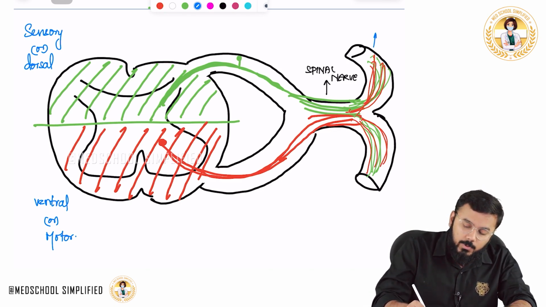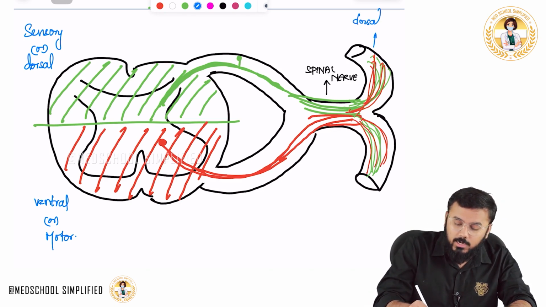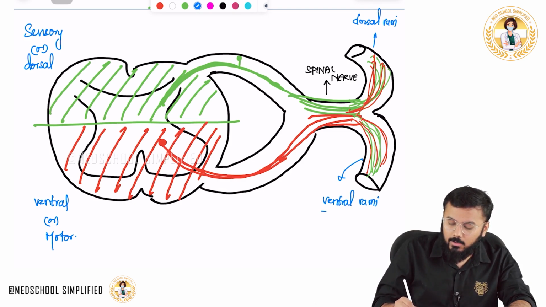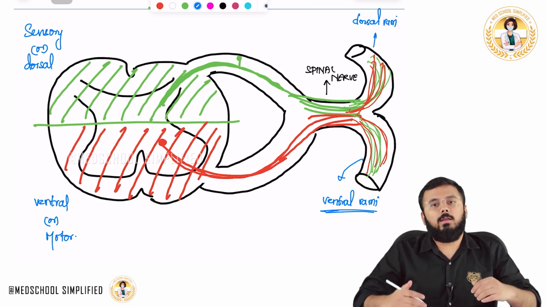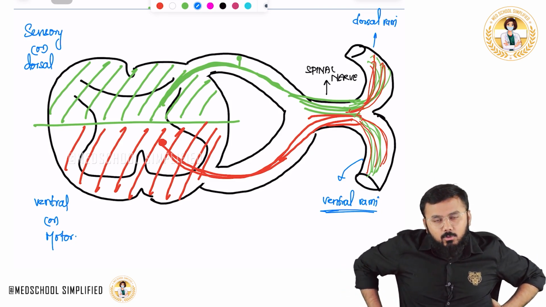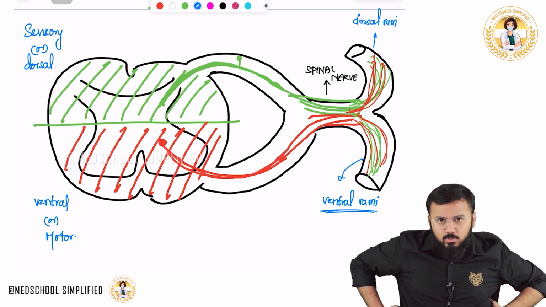This particular branch is called the dorsal rami, and this one over here is called the ventral rami. What is the function of the dorsal rami? The dorsal rami go dorsally back and supply the skin and the remaining regions on the back.